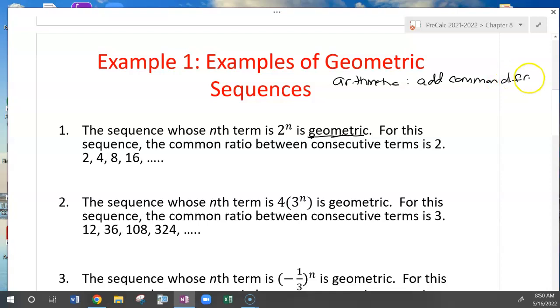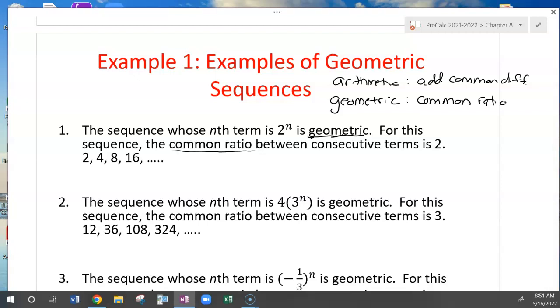Common difference, we called it. Now with geometric, what's happening there is instead of a common difference, we have a common ratio. And this means that to get your next term, you always take the term that you're on and multiply it by that ratio. So take a look at this.